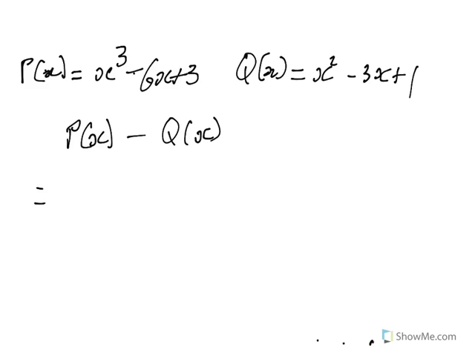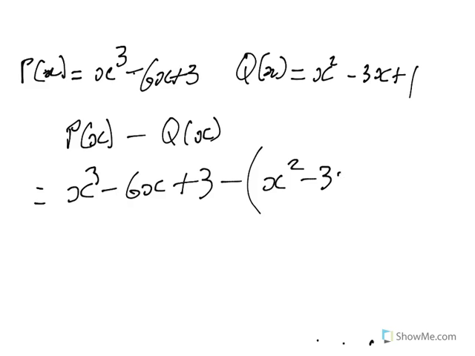So that's simply x cubed minus 6x plus 3. And from that we're taking away, and I'll put a bracket around it to remind us that we're taking away all of this, because all of this is q. So we've got x cubed, no other x cubed, so there's an x cubed. There's minus x squared. There's minus 6x here, and then we're minusing negative 3x.